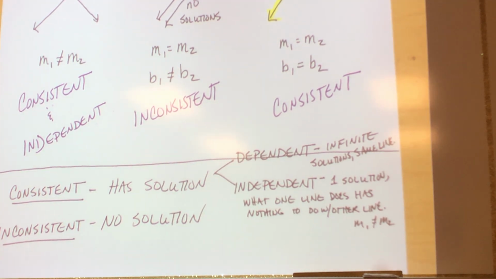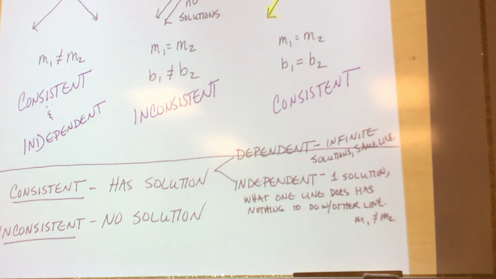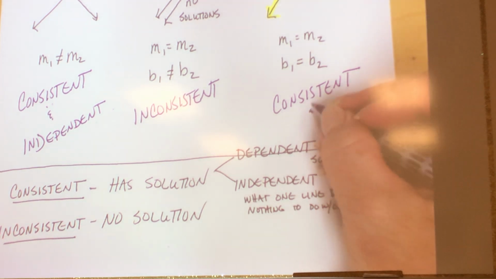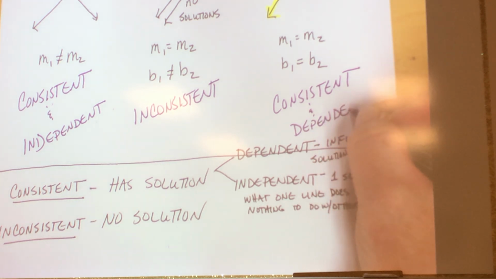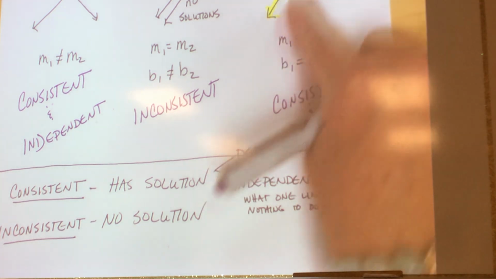So, they have their own bills and their own stuff. What about this guy? Dependent. Very good. So, consistent and dependent. What one line does depends on what the other one does because they're doing the same thing.